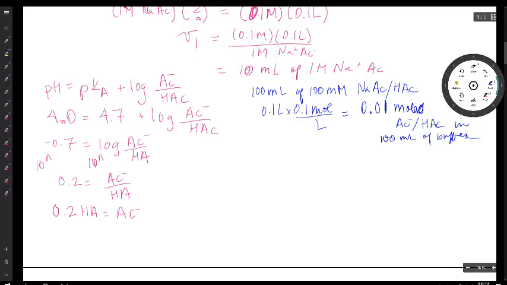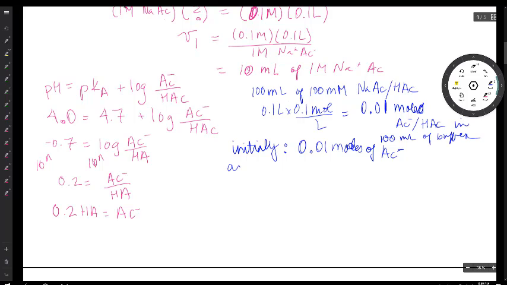So when we're referring to the molarity of the solution, we're referring to the total amount of acetic acid and acetate in that buffer. Now initially, we're going to have 0.01 moles of that acetate, that conjugate base.